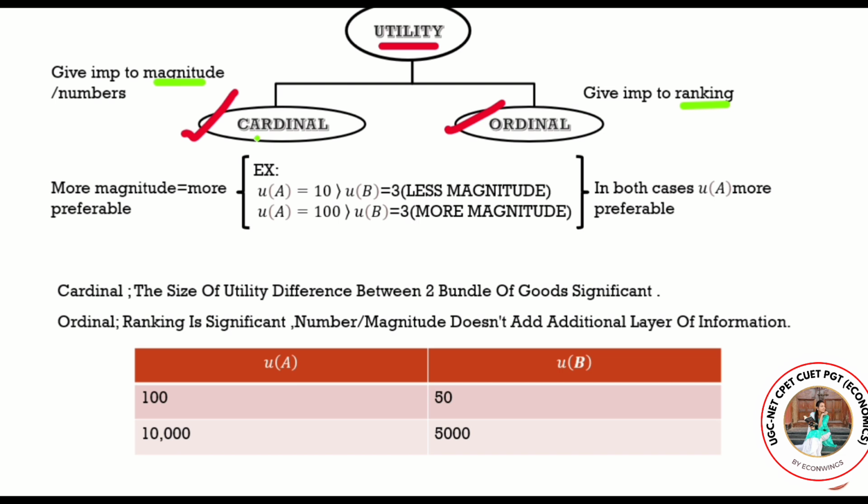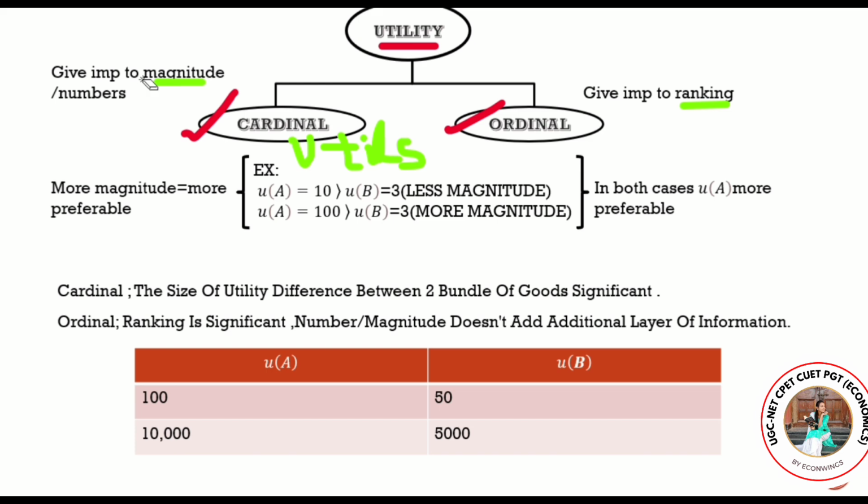In the case of cardinal utility, we use the unit utils to measure utility. Here the word magnitude means the size or amount of utility. More magnitude means more utility and less magnitude means less utility.